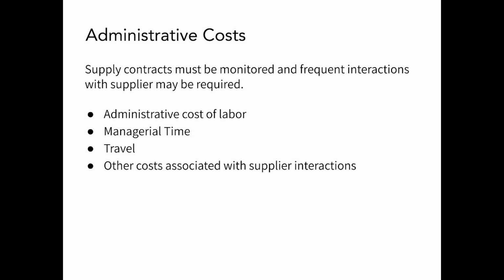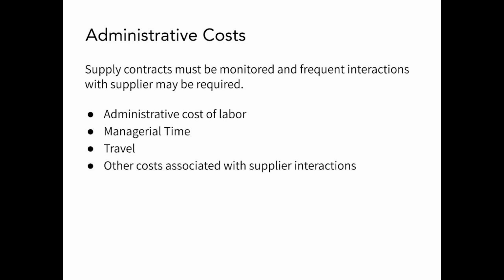In this segment, we explore administrative costs, a crucial component of our total cost analysis in supply chain management. Administrative costs encompass the expenses associated with managing supplier contracts, including the time and resources spent on frequent interactions with suppliers.